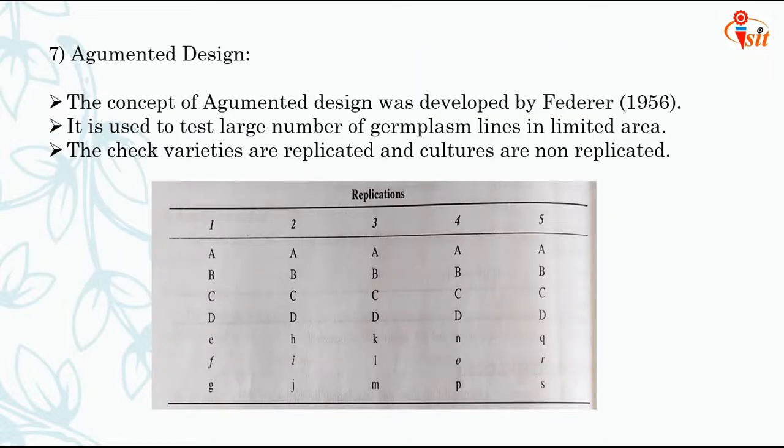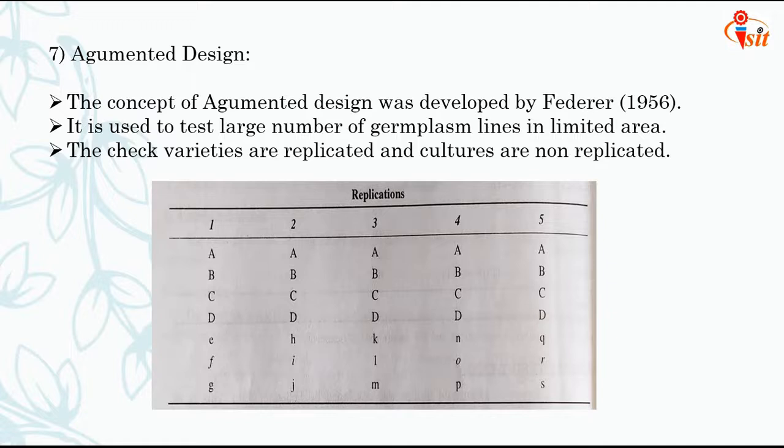Then the next one is the augmented design. The augmented design concept was given by Federer in 1956, and this design can be used where we have to screen a large number of germplasm lines, or a large number of genotypes, in a limited area.